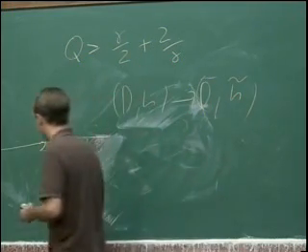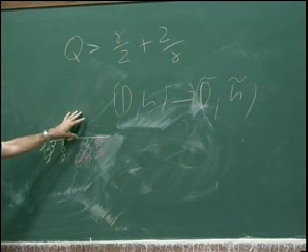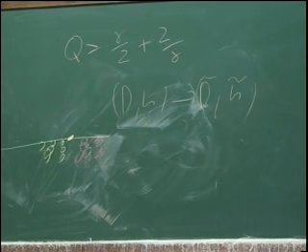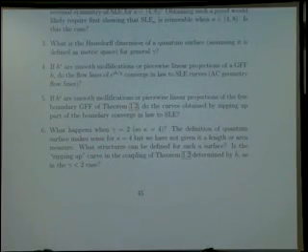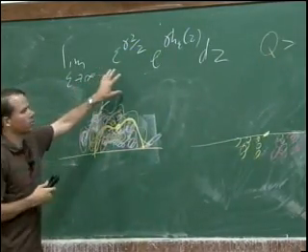On the other hand, for this value of Q, we do not have a way to construct a random measure. So this object, where we take the limit as epsilon goes to 0 of epsilon to the gamma squared over 2, e to the gamma h epsilon of z dz, and we construct a random measure in the limit.